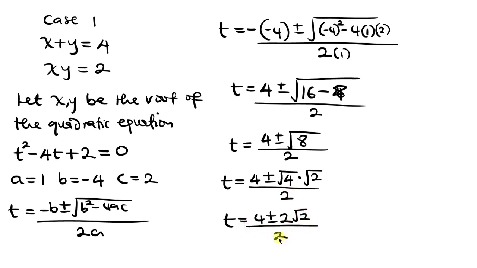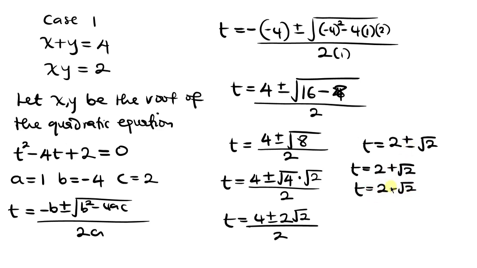Now let's divide. 4 divided by 2, that's 2. So t becomes 2 plus or minus, now 2 root 2 divided by 2, I have root 2. So there are two values of t here, which are t equal to 2 plus the square root of 2, or t equal to 2 minus the square root of 2.